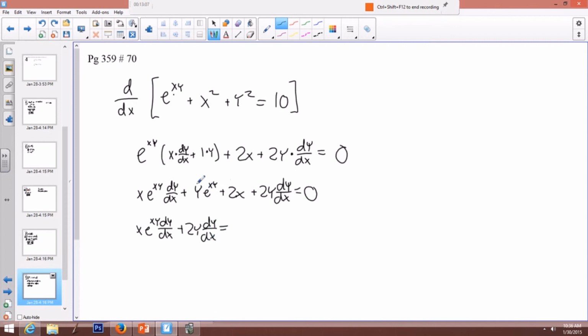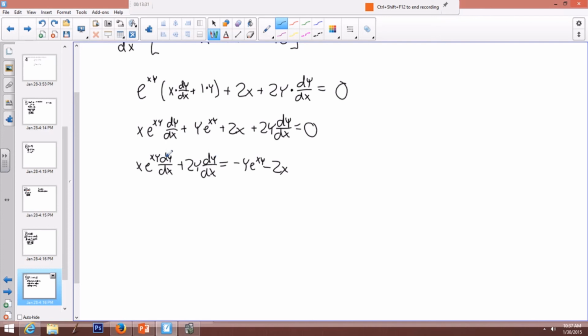And then I have to move these to the right through a subtraction. So I have negative y e to the xy, and then a minus 2x.